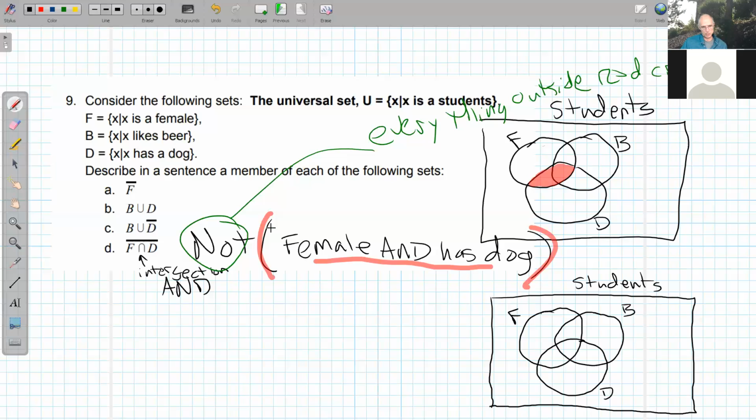All right, so write a sentence for what you think set D is. Don't worry about being wrong. This isn't a test yet.